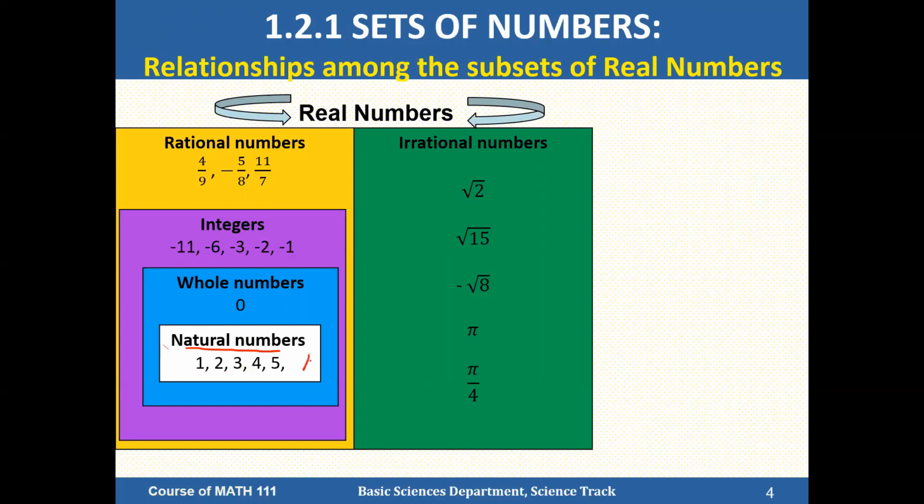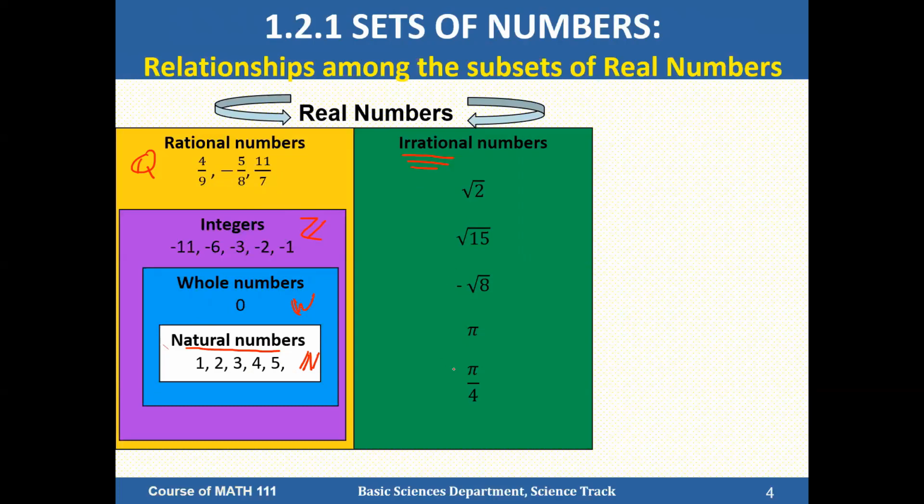So natural numbers are denoted by capital N, whole numbers by W. Integers, when we add negative 1, negative 2, negative 3, are denoted by Z. The ratio of two integers gives a rational number, denoted by Q. We have some numbers which are not rational, and these are called irrational.